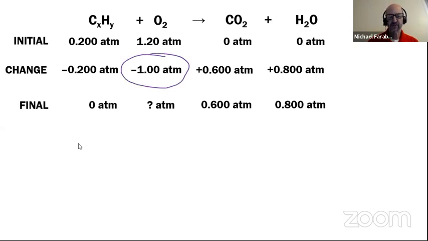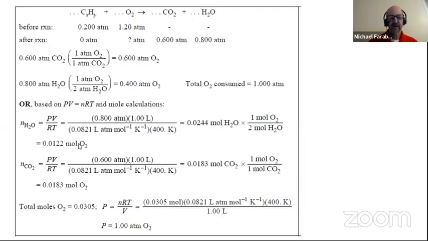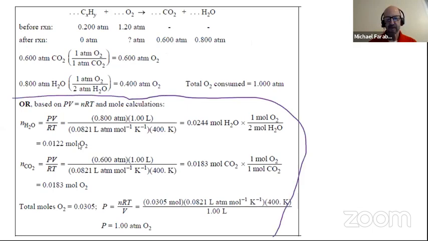I'm now going to jump to the official scoring guidelines, and they actually do it 2 ways. So focus on this method first, which is on the bottom. So that's what I was showing you on the screen, that you can take a calculation to get moles of both CO2 and H2O, just converting with the ideal gas law from pressure to moles.